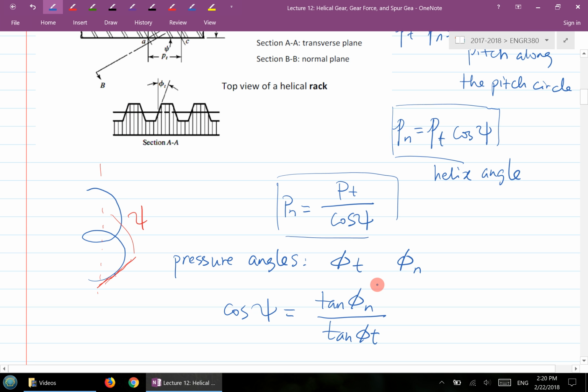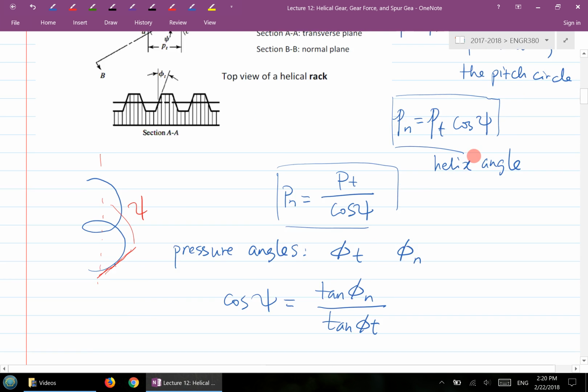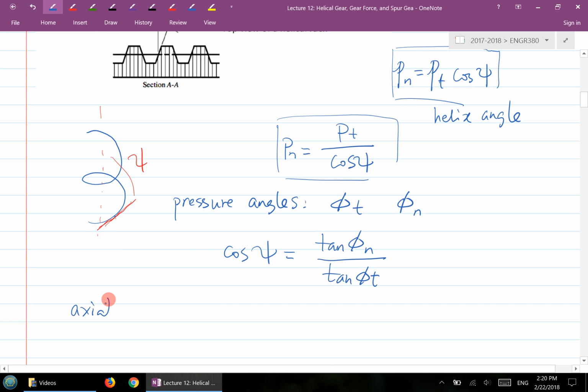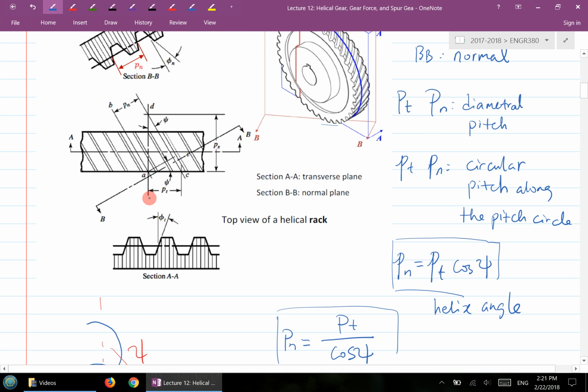One last thing that does not exist for a spur gear is the so-called axial pitch. Axial pitch is the distance going along the direction parallel to the axis of rotation, starting from one location on the gear to the next corresponding location on the gear teeth.